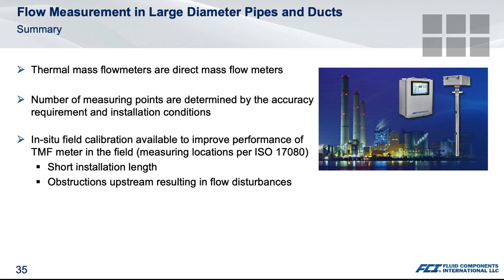Manufacturers offer in-situ field calibration possibilities to improve the performance of the thermal mass flow meter in the field. The measuring locations are per ISO 17080, and the in-situ field calibration can be performed to improve performance with a short installation length and obstructions upstream resulting in flow disturbances.